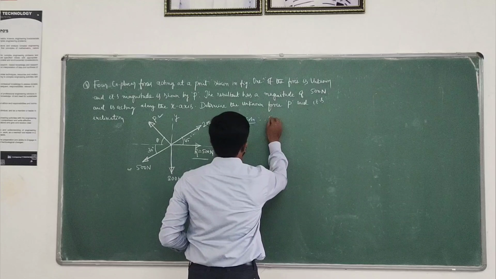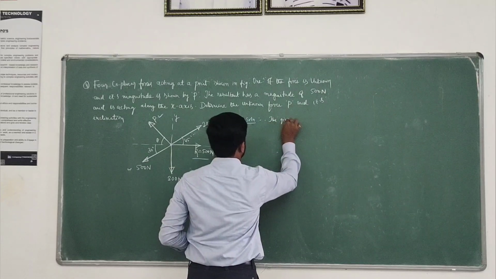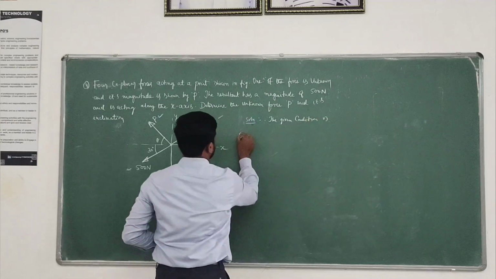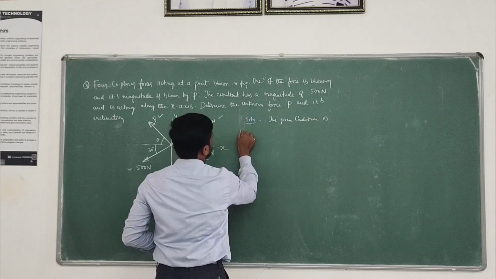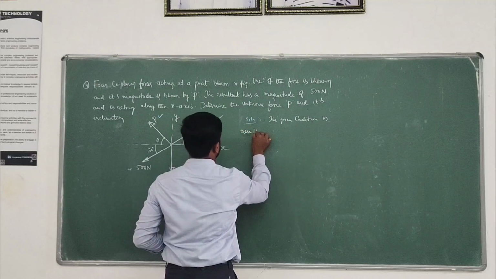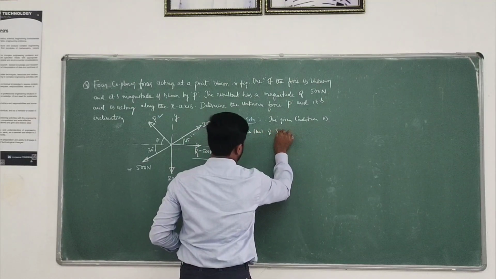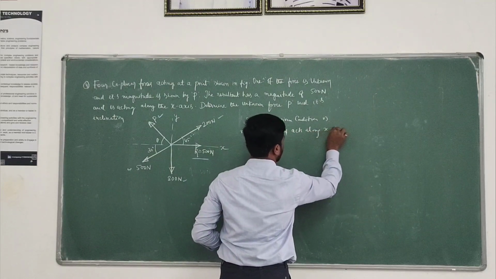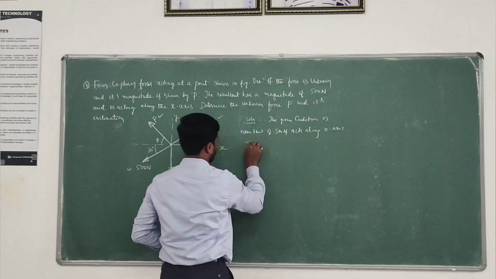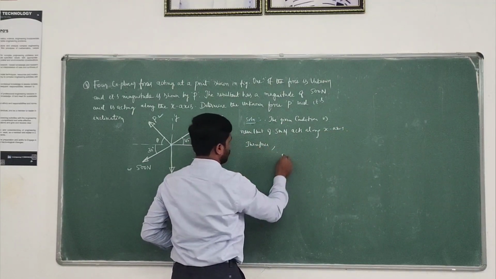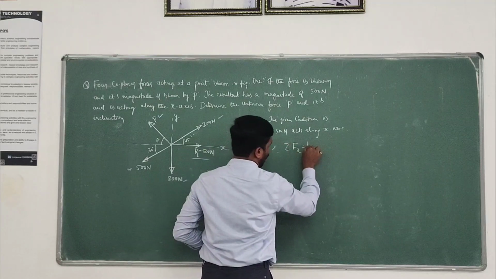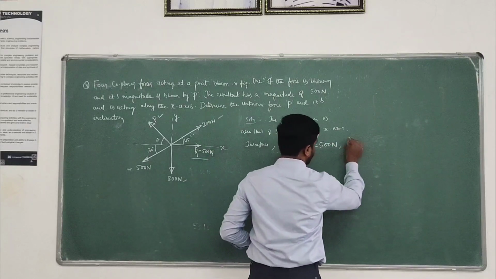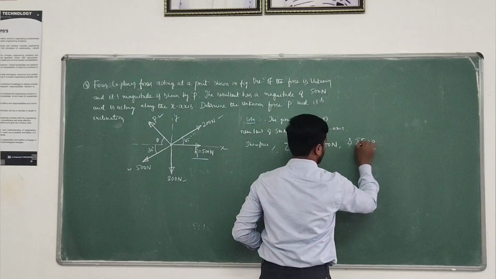The given condition is, resultant of 500 Newton acts along x-axis. Therefore sigma Fx equals R, which is equal to 500 Newton, and sigma Fy is 0.